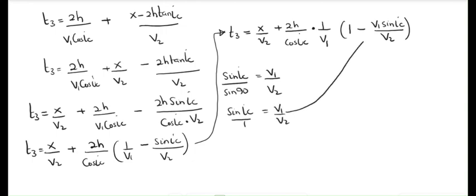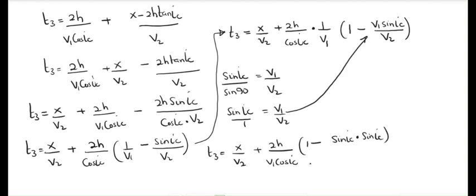I can substitute this into this, right? So I can say that T3 is equal to X over V2 plus 2H over V1 plus IC multiplying 1 minus V1 over V2, which is sine IC, multiplying another sine IC. And so we're going to get T3 to be equal to X over V2 plus 2H over V1 plus IC multiplying 1 minus sine squared IC.